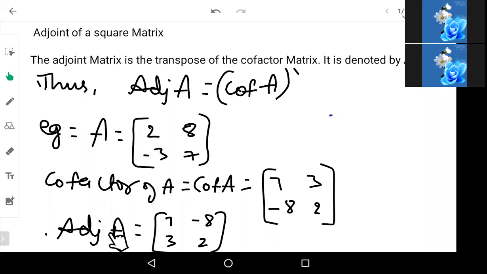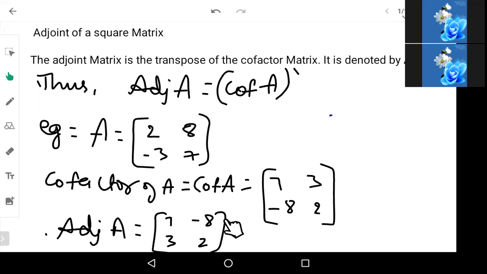Now, how do you find the transpose? The first row will become the first column. What is the first row? 7 and 3. This will become the first column, 7 and 3. The second row, minus 8 and 2, will become the second column, that is minus 8 and 2.